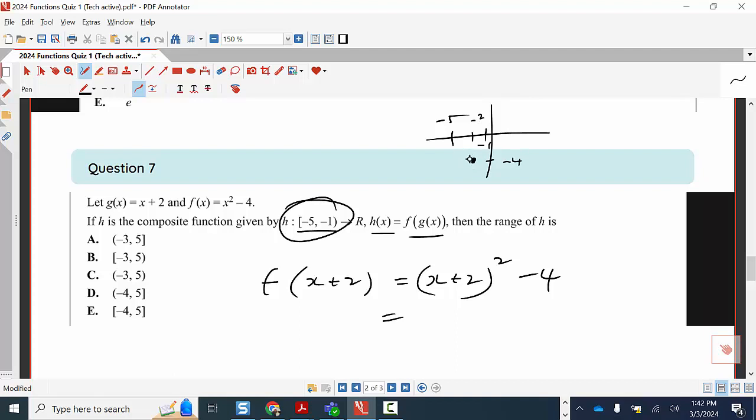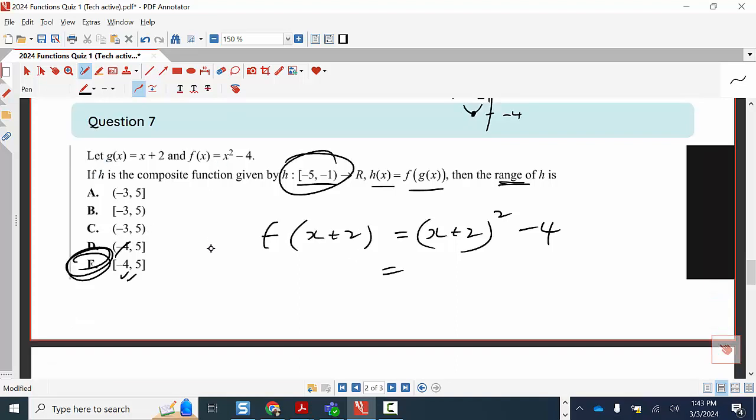So we can see that the lowest value is going to be at -4 inclusive. So that's going to be the range. I'm not even really worried about what the highest value is because the lowest value is guaranteed to be this one here. So this would be incorrect because it wouldn't include the turning point. And the rest of them just don't work.